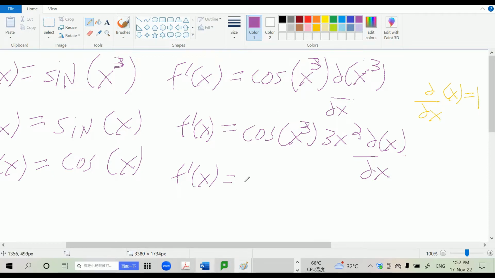So then this will clean up to become cosine of x to the power of 3. And then that would be times 3x squared.